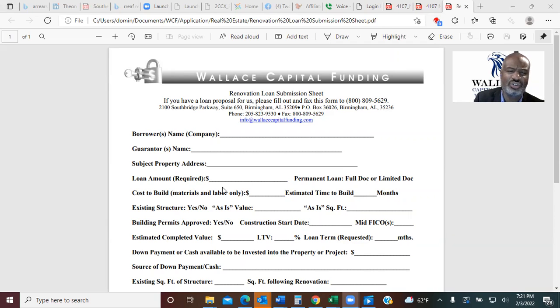The cost, okay, so how much is it going to cost to build, renovate this property? So put that here, and then the estimated time to renovate this property in months. Now, existing structure, yes.